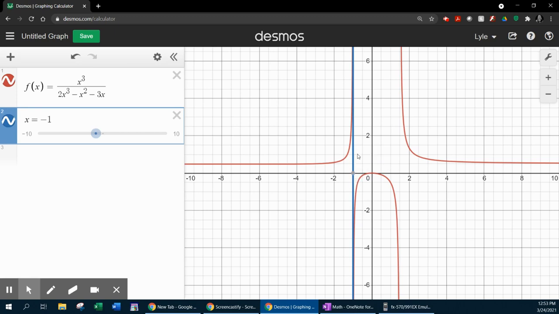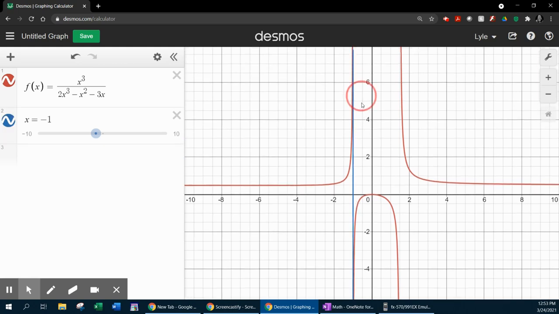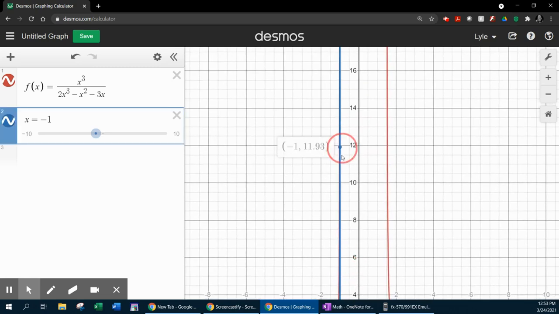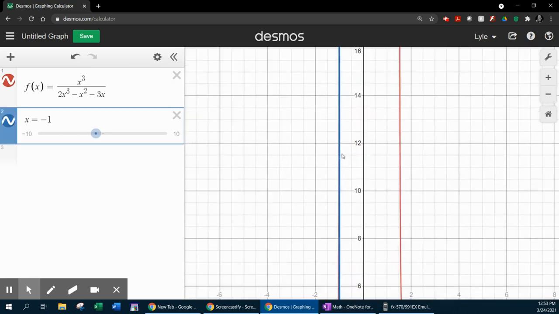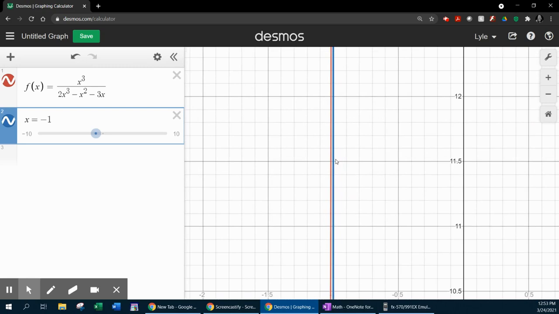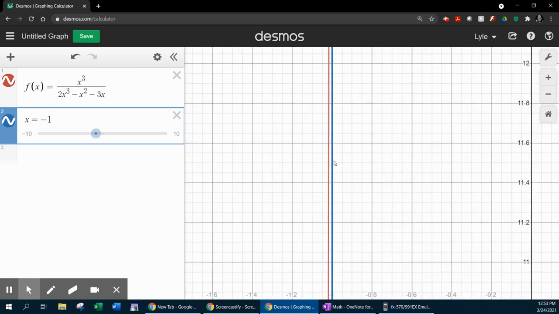That's the special thing about an asymptote, is it is a line that the graph approaches but never touches. Even if I go way up here where it looks like they touch, if I zoom in enough, you're going to see that it's still not touching. It's approaching, but it'll never touch.